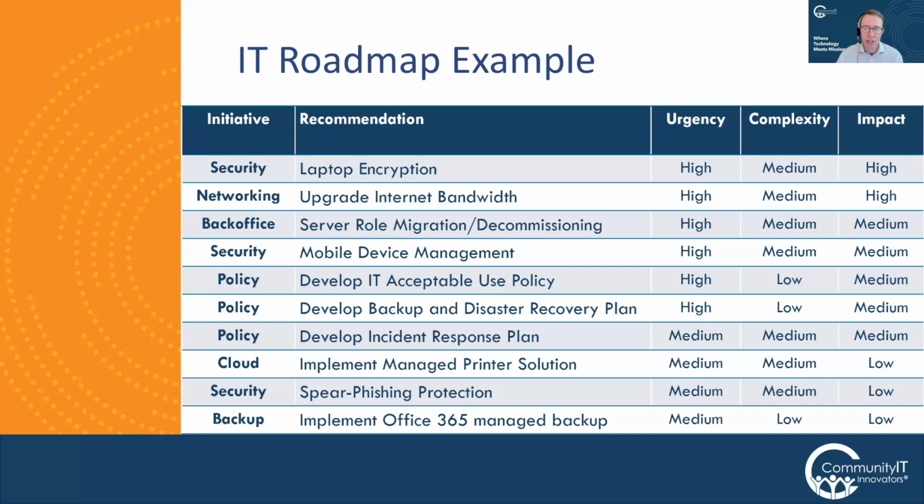The reason it's important to have that understanding when you're putting your roadmap together is that you can't stack up a lot of high impact initiatives and run them all at the same time, because you're going to burn people out. People are going to get frustrated. They're going to lose faith and confidence in IT, and it's going to create more problems than you're solving if you do that.